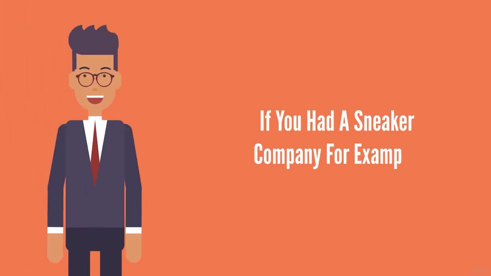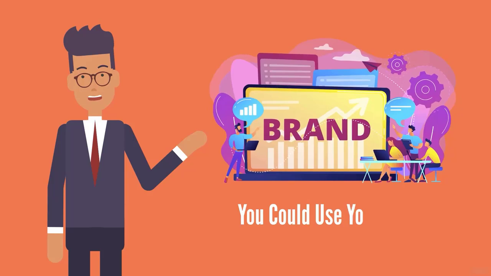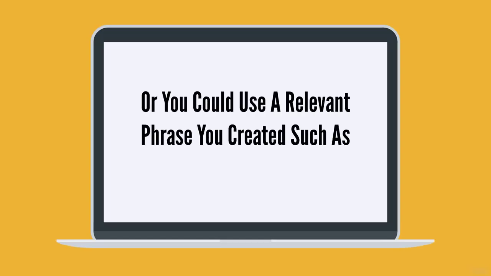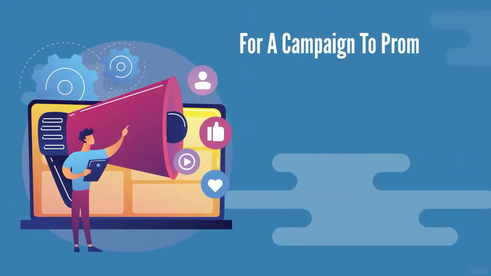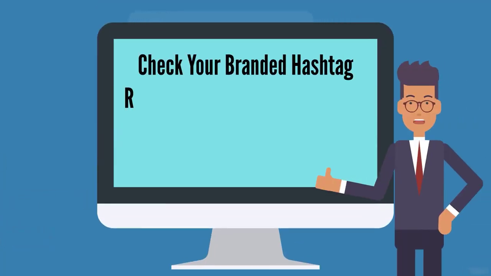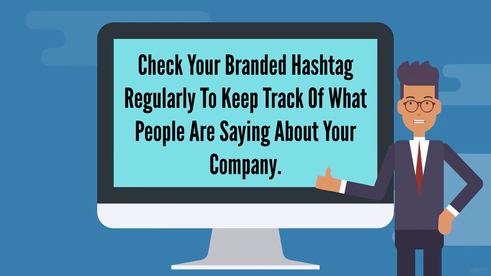If you had a sneaker company, for example, you could use your brand name as a tag, or you could use a relevant phrase you created, such as hashtag neon kicks, for a campaign to promote the bright colors in your range. Check your branded hashtag regularly to keep track of what people are saying about your company.